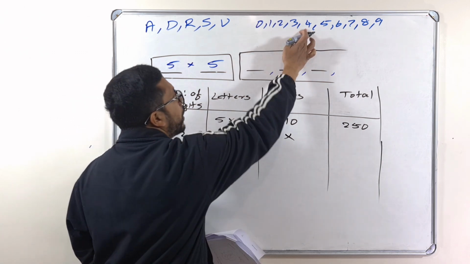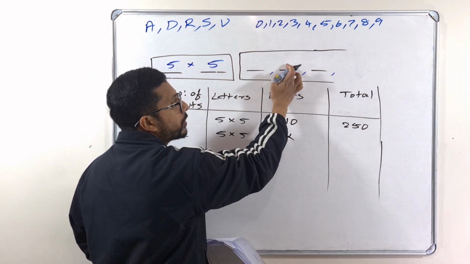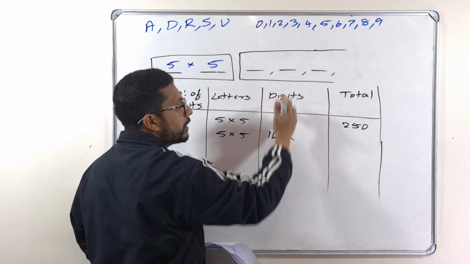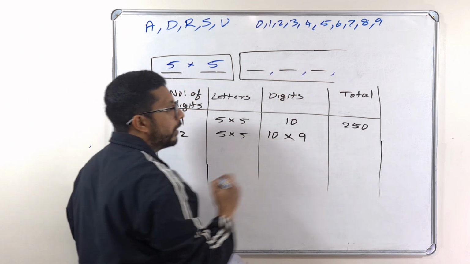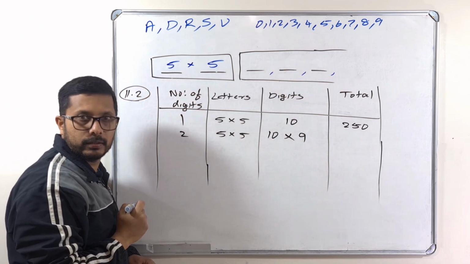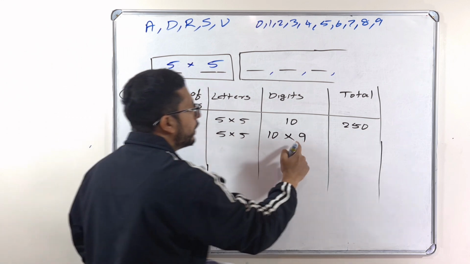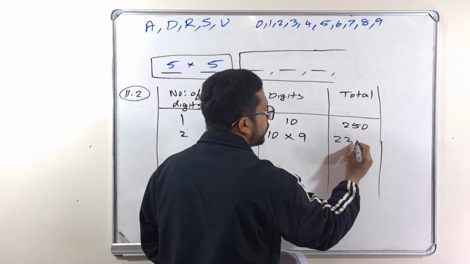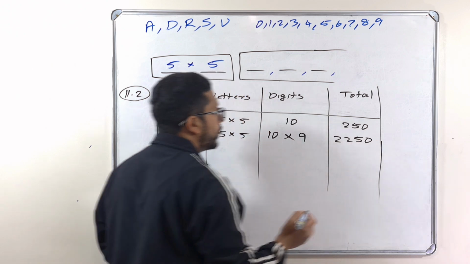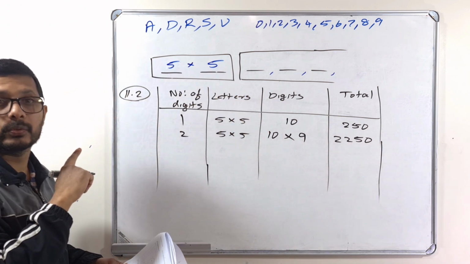If I use 1 here, I'm not allowed to use the same number here. So the second position gets only 9 options. Check in your calculator, you will get 2250. That is the previous question.